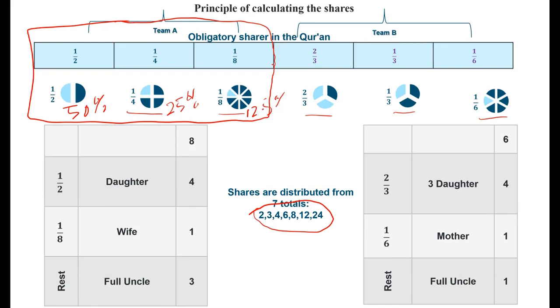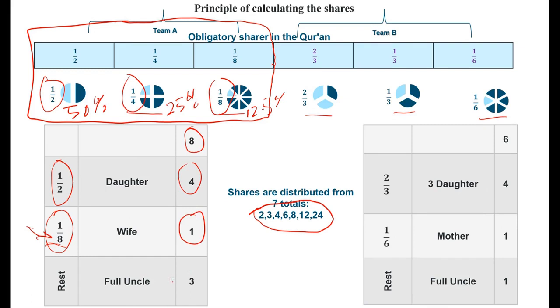If any of these numbers, 1/8, 1/4, or a half, are in the same case, we use the biggest number. So here we have a half and 1/8. We use the biggest number of the two. So 8, the denominator, is used here. Half of 8 is 4. 1/8 is 1. And then the remaining goes to the asaba.